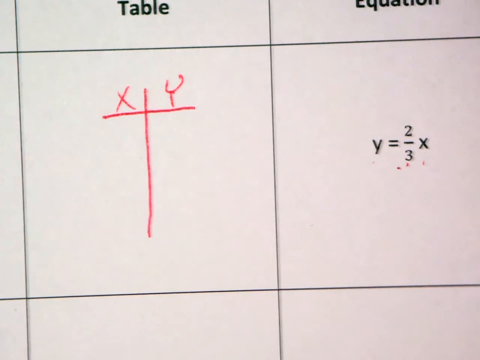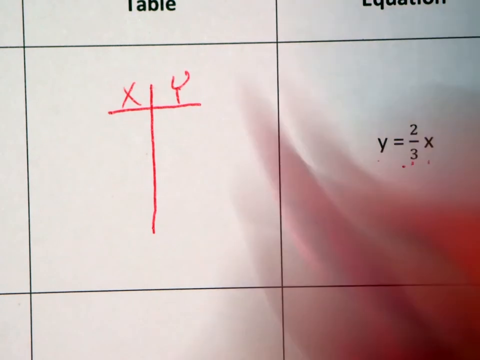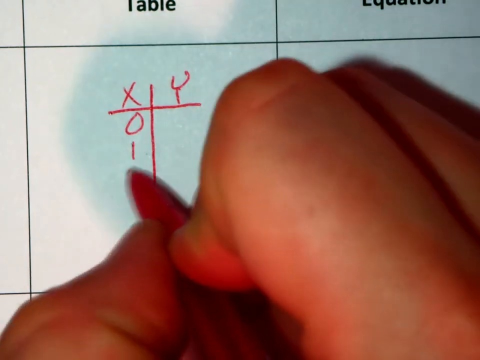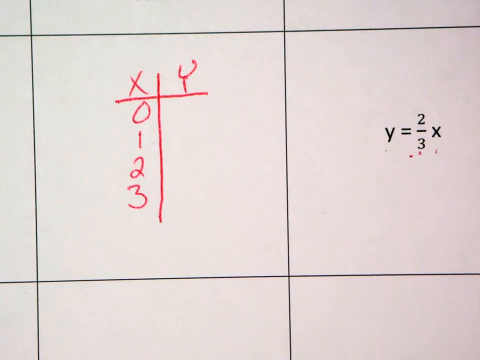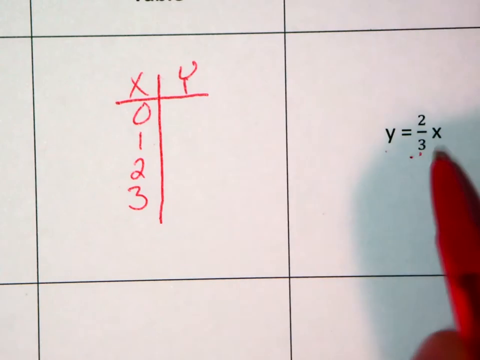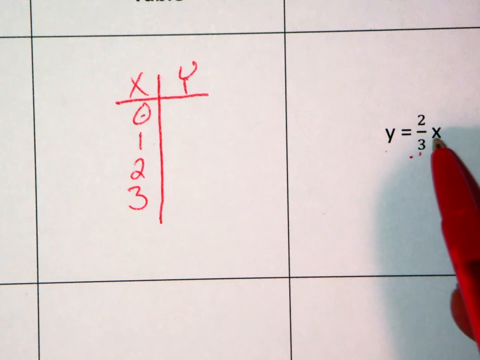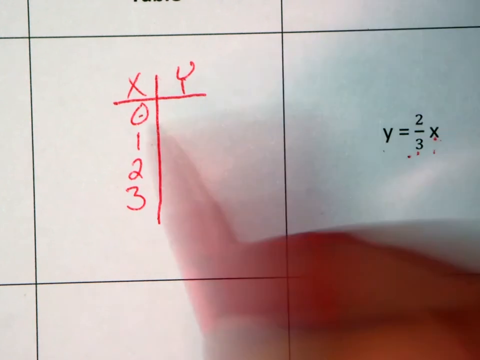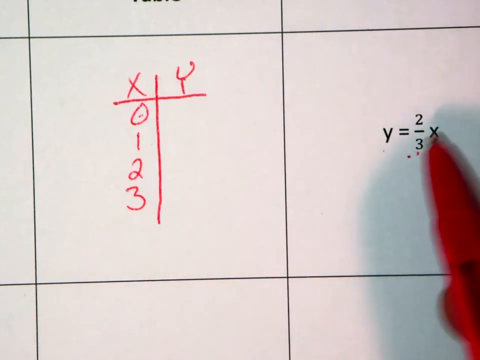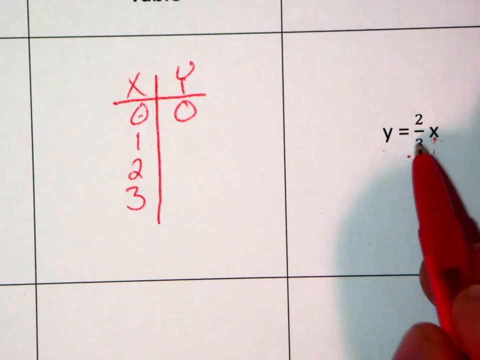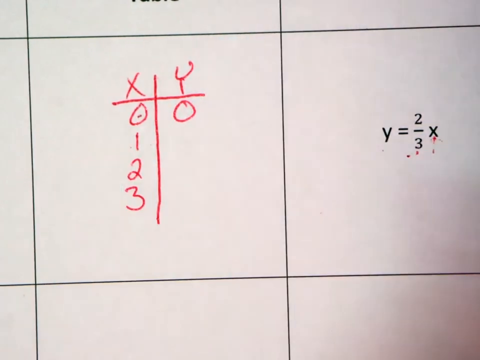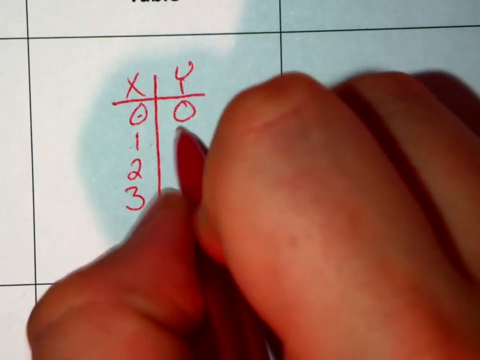And we want to go ahead and select a set of X's. So I'm just going to use 0, 1, 2, 3. And now for each X, I plug it into my equation. Instead of X, I will now have 0. So 0 times 2/3, well, we know that's 0. 1 times 2/3 for my next data point. Well, 1 times 2/3 is simply 2/3.